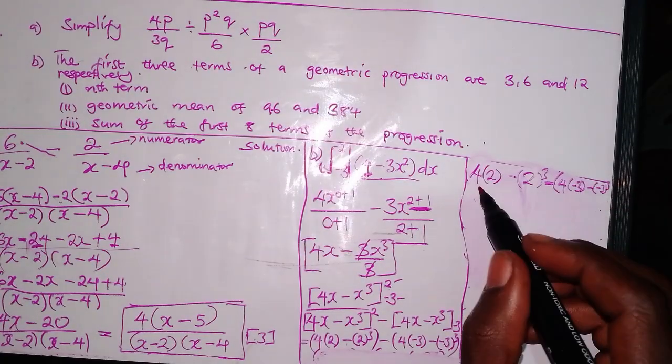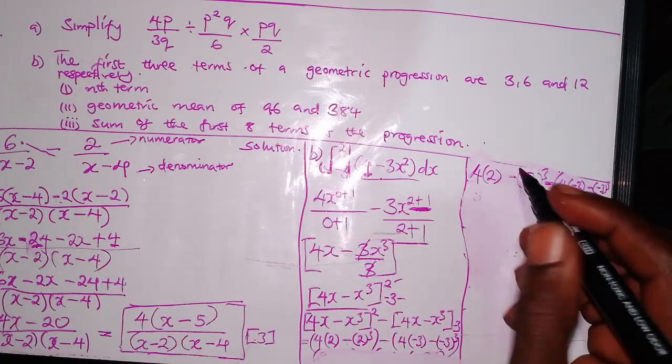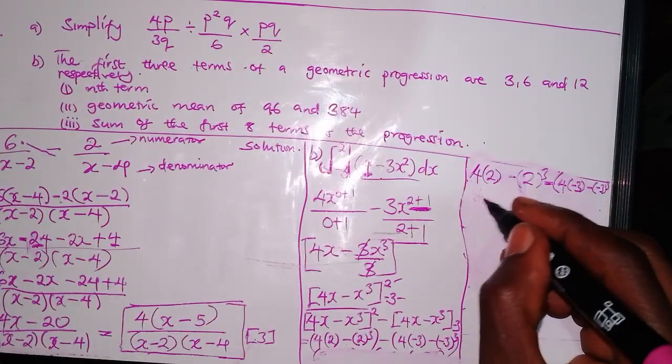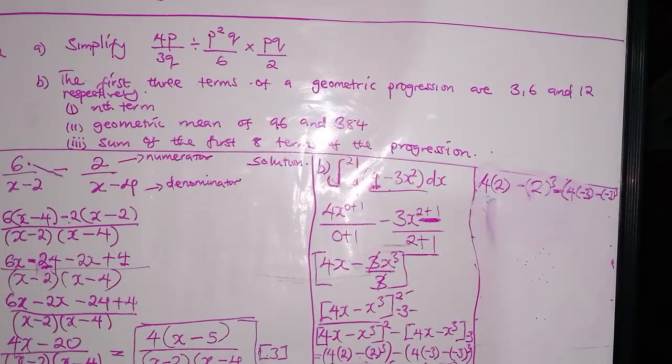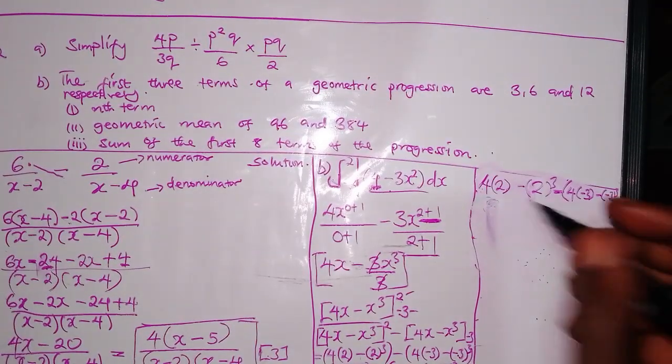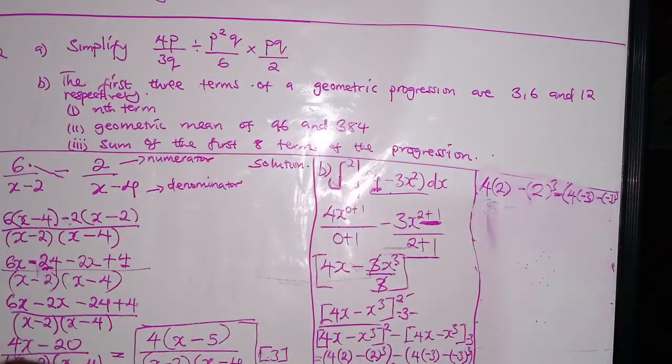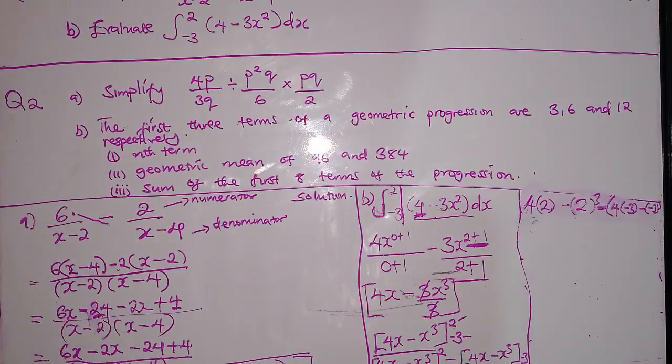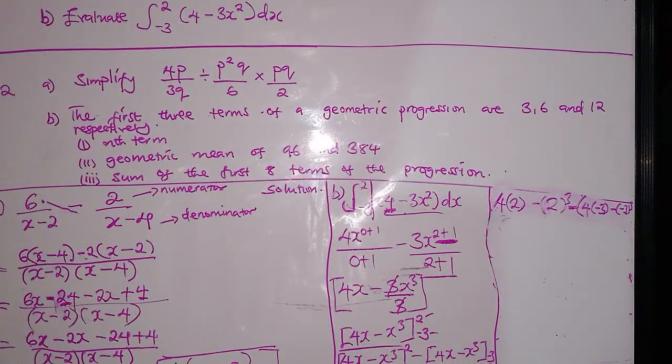So here we say that 4 times 2 is 8. So we said 4 times 2 is what? 8. Okay, so now what remains is just multiplying.